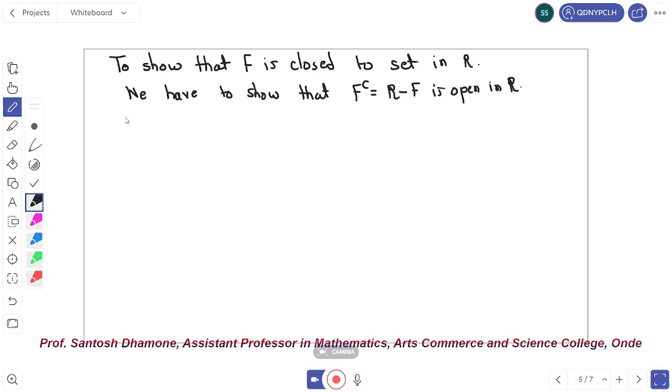For every p belonging to the open interval (2, infinity), take r equal to p minus 2.